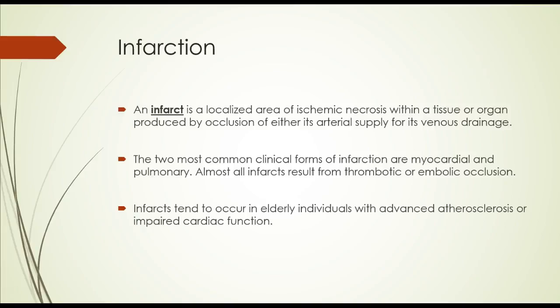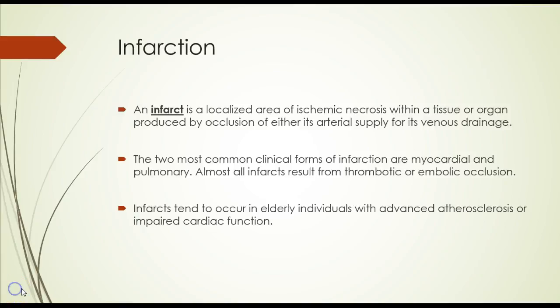And when I say debris, it can be just that. It could be a clot, but it could be fat, a piece of fat. It could be a piece of a tumor. It could be air itself. It could be the end of a catheter that's floating around in the vein. So that's what I mean by thrombotic or embolic occlusion.